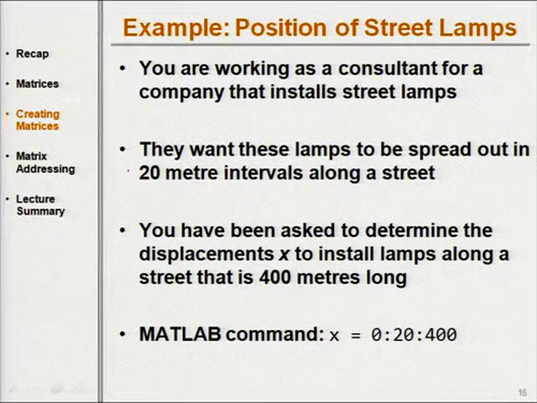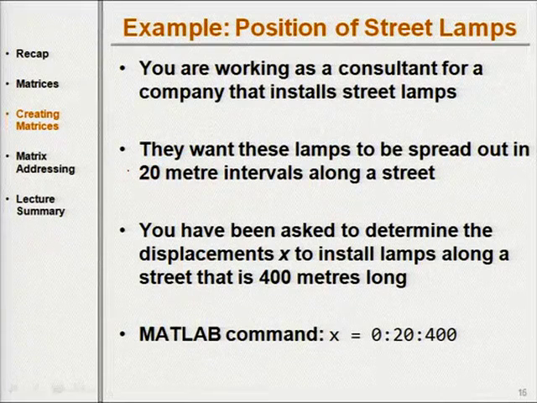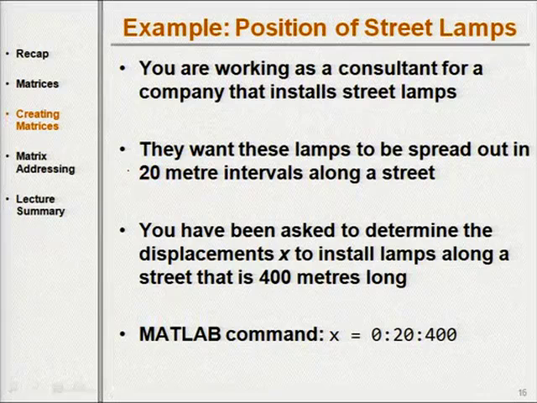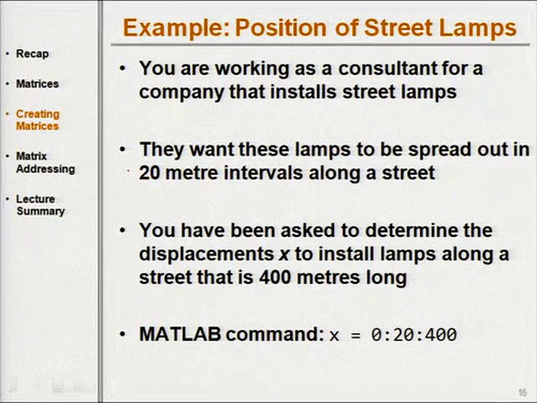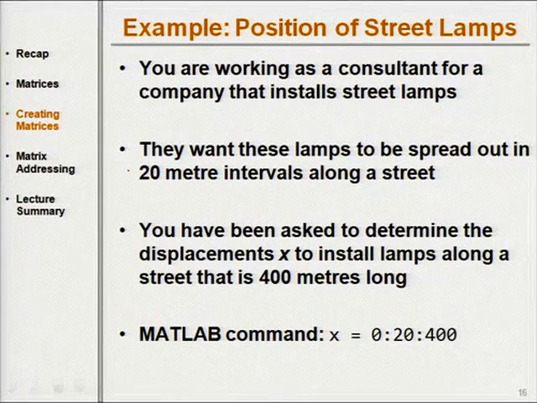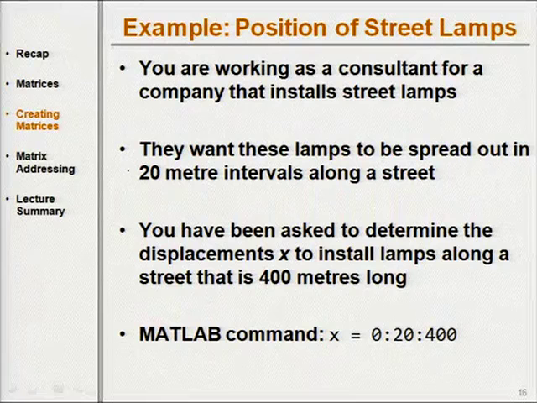Now, let's imagine you're working for a company that installs street lamps. One of your jobs is they want to put lamps on a street, spread out in 20-meter intervals along that street. Fortunately for you, the street is 400 meters long.